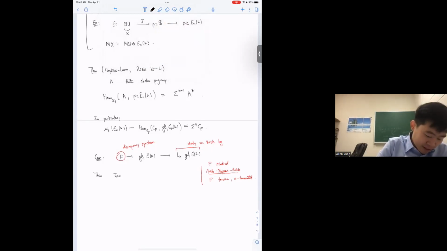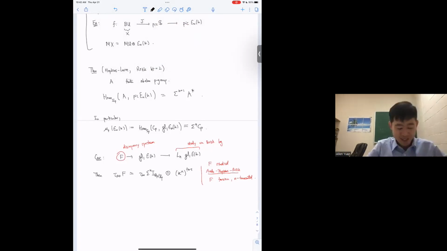So the connective cover of this discrepancy spectrum is equivalent to a sum of two things: the connective cover of a suspension of the Brown-Comenetz dualizing object, and some extra terms that are the torsion part, just in pi zero, the torsion part of the units of the base field K that you plugged in.